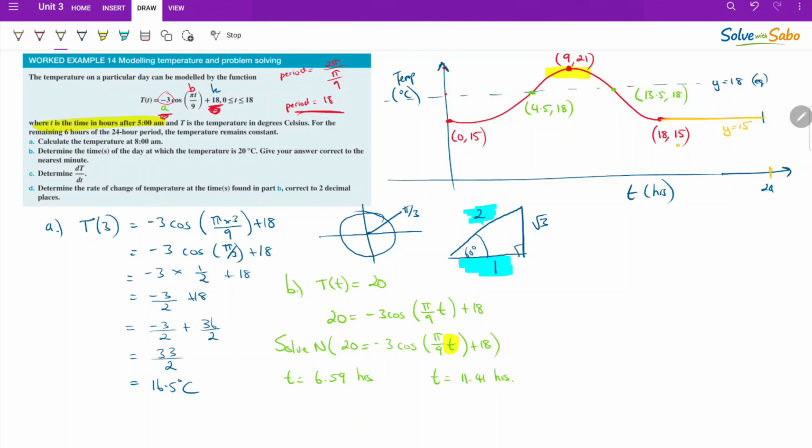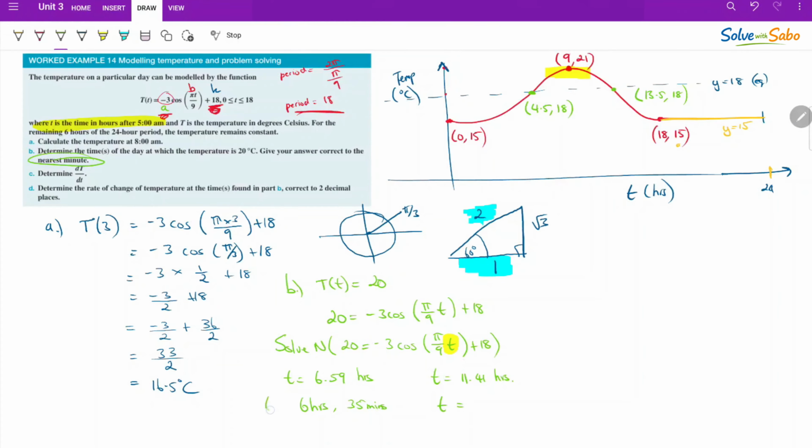Now, we would still have to convert 0.59 hours back into minutes. So 0.59 of 60 is going to be 6 hours and 35 minutes. Again, according to this, I'm going to the nearest minute.